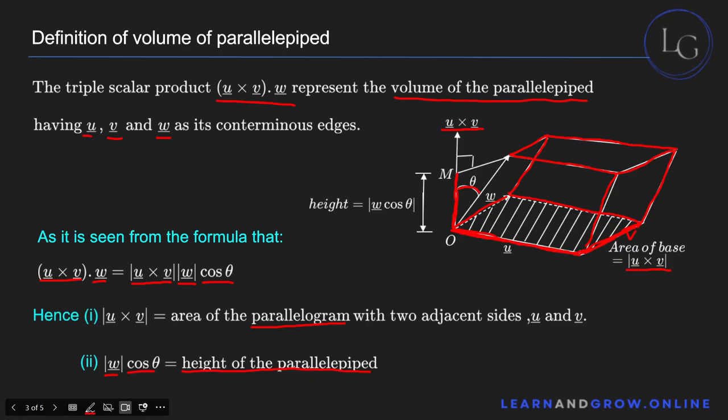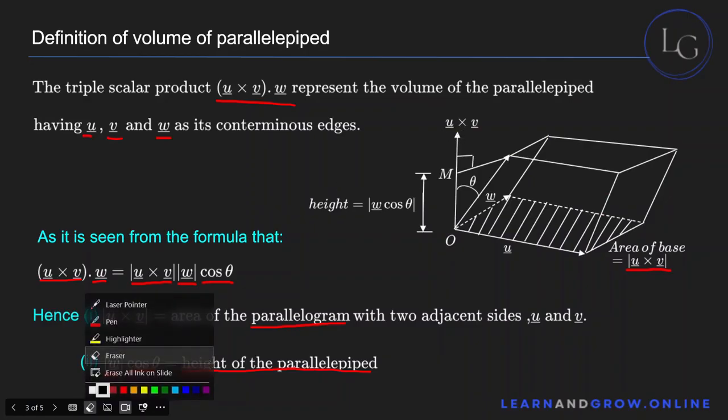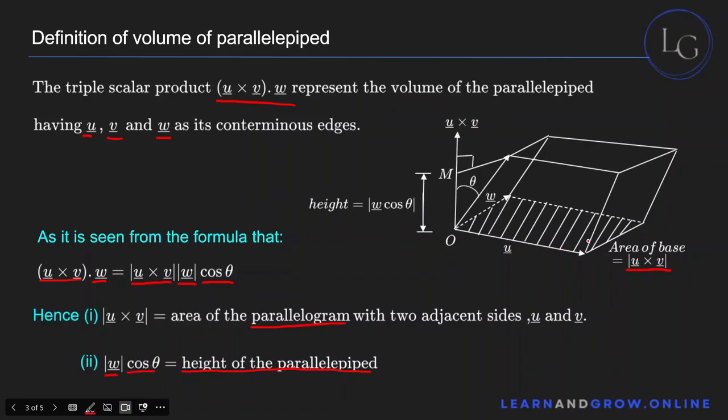If you take this v and this w as the base, so this will be the base. In this case, u will be the height, right?